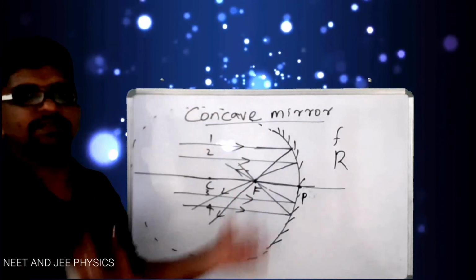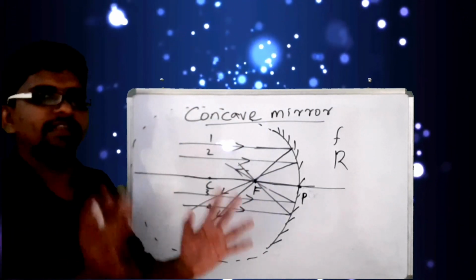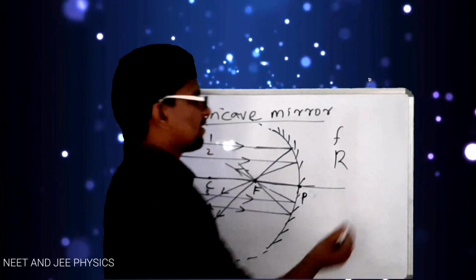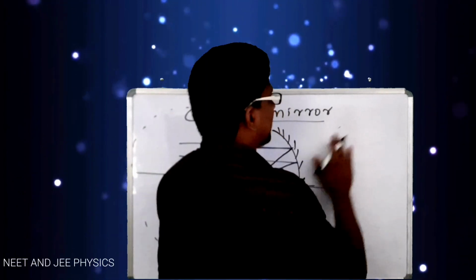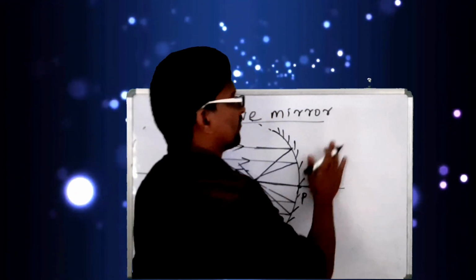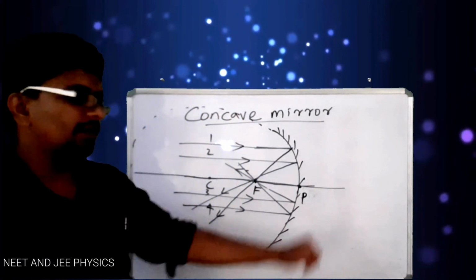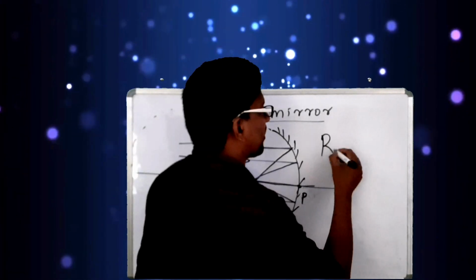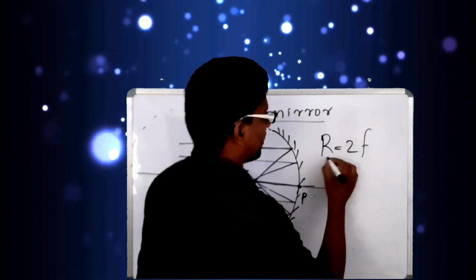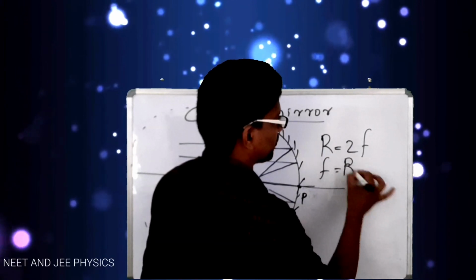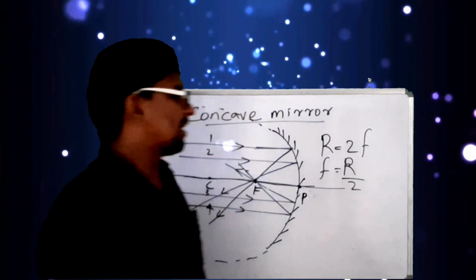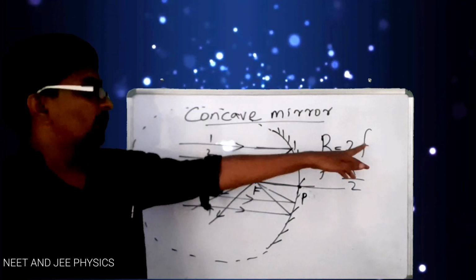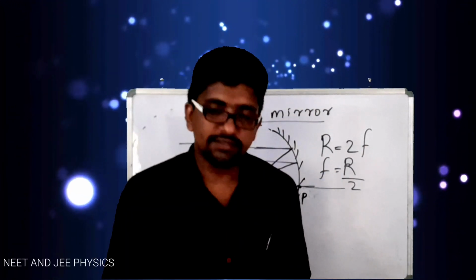Actually, that is the radius of that sphere. The relation connecting focal length and radius of curvature is R equal to 2f, or f equal to R by 2.